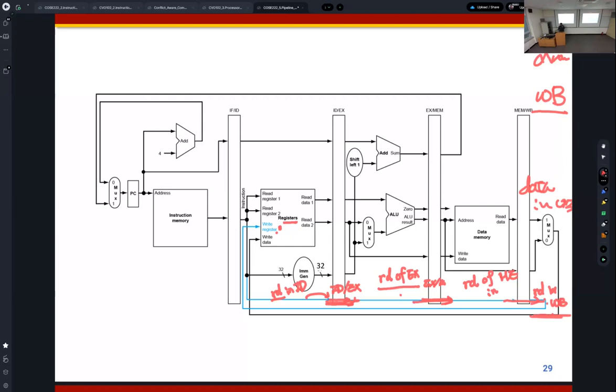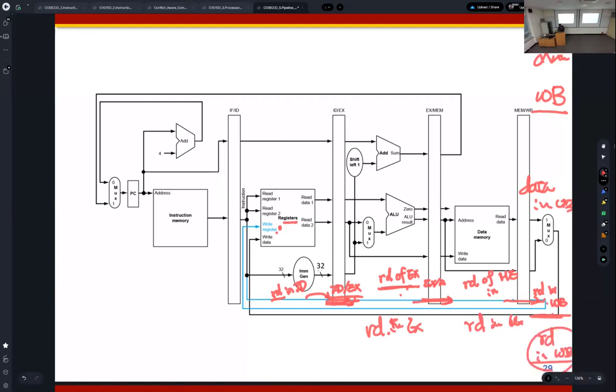Do you understand? So if RD passes through this pipeline register, then this RD becomes the RD in EX stage. So RD in EX, this is the RD in memory, and then this is the RD in write back.